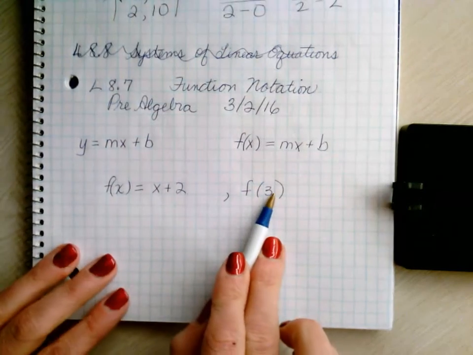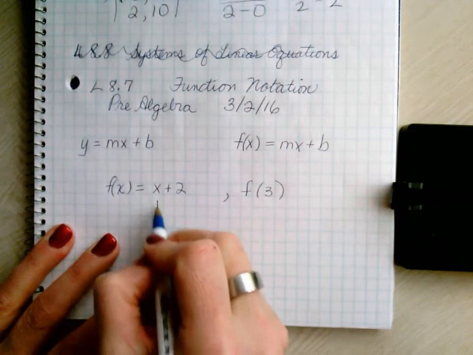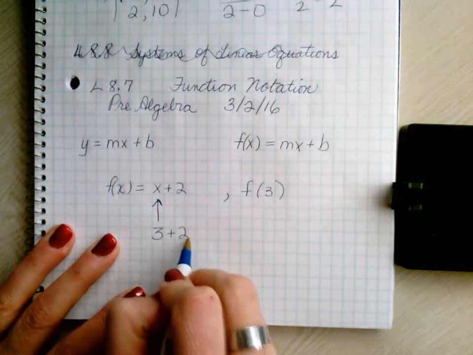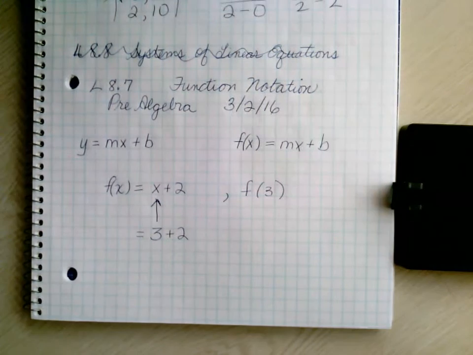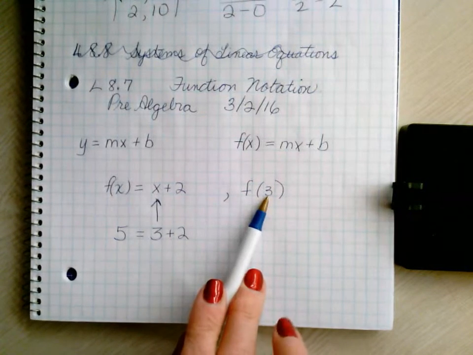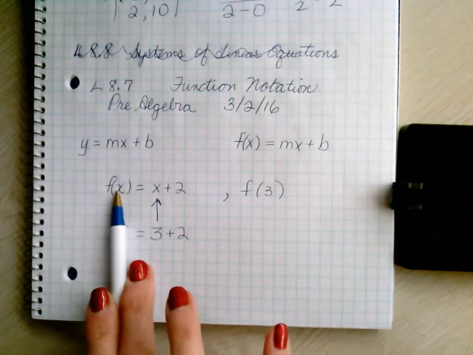That means plug a 3 in for x and solve. Obviously, the answer would be 5. The result when the input is 3 is 5.